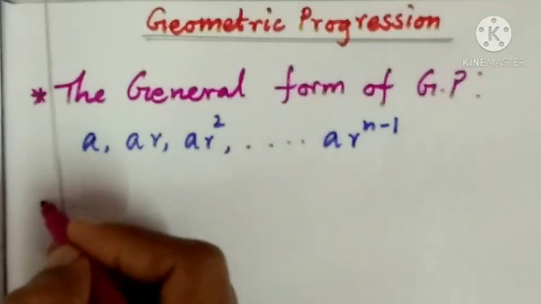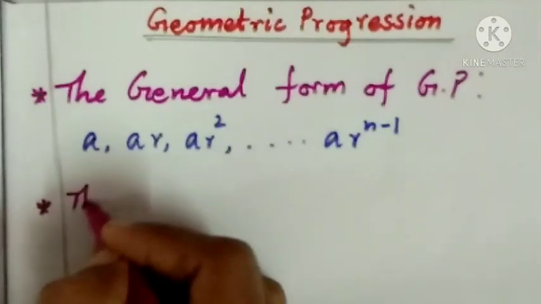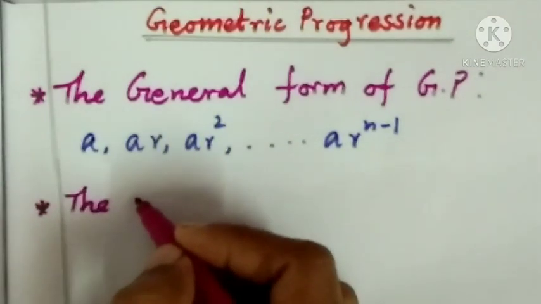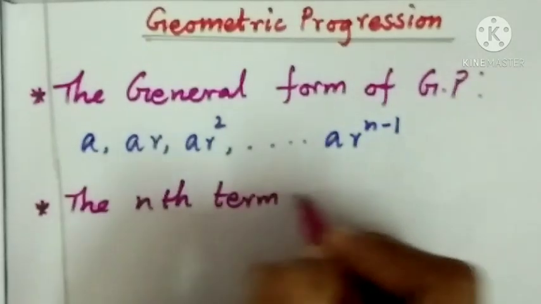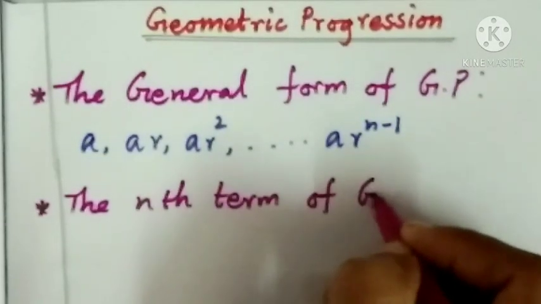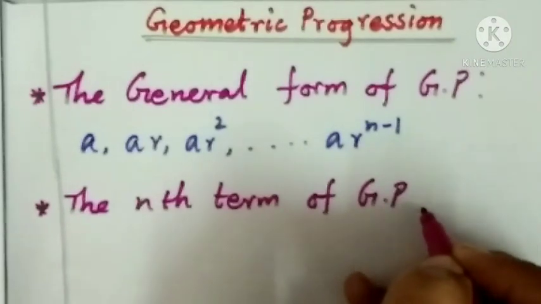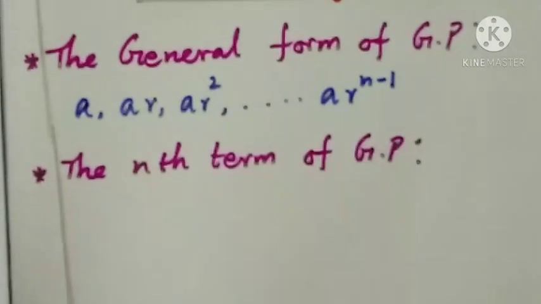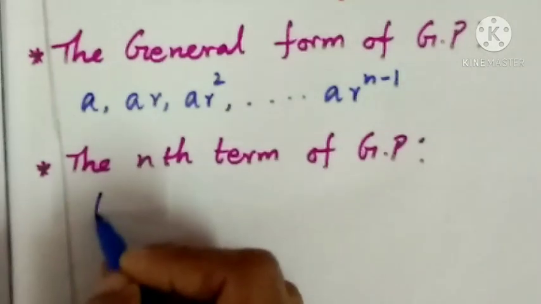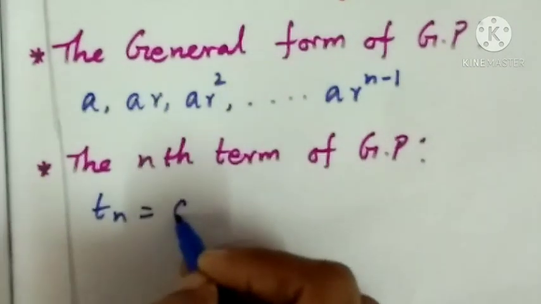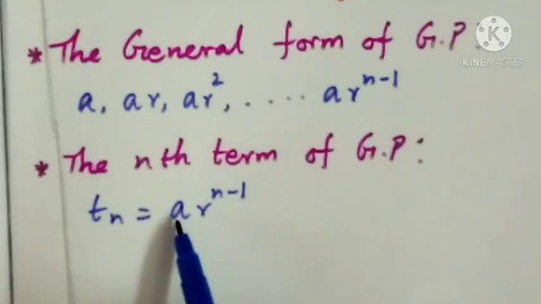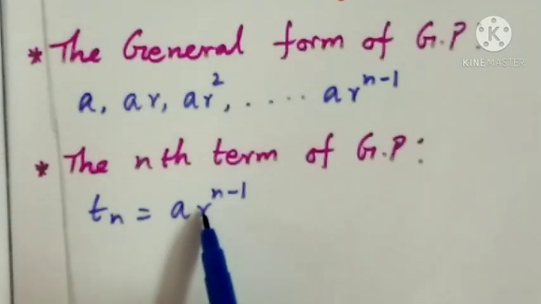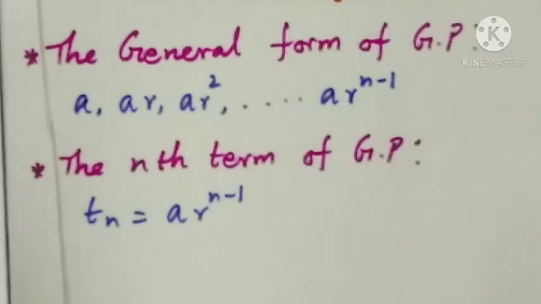The next point, the nth term of GP: Tn is equal to A into R power n minus 1. Here A is a first term, R is a common ratio, n is number of terms.